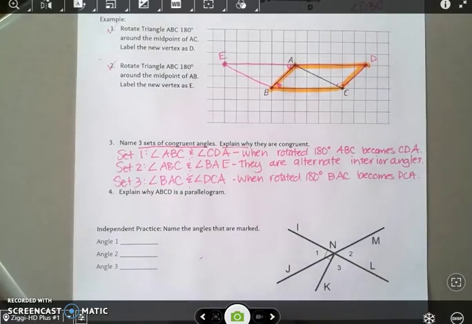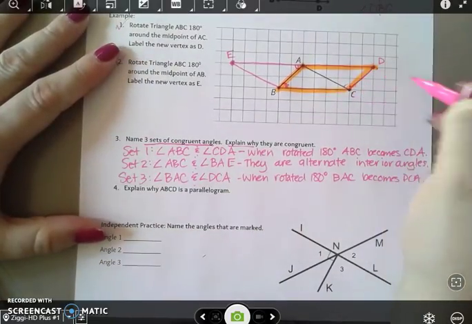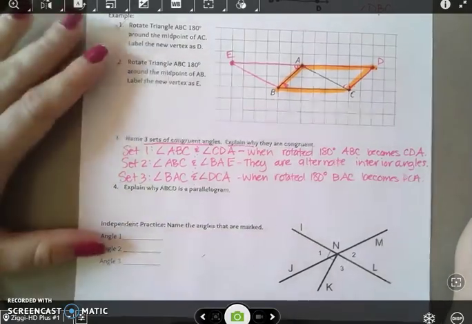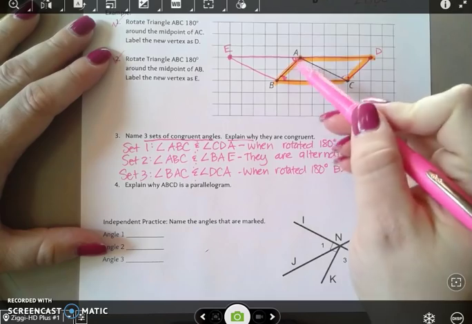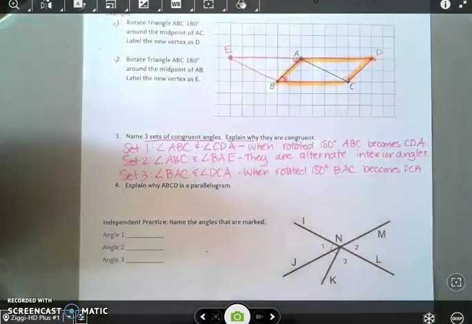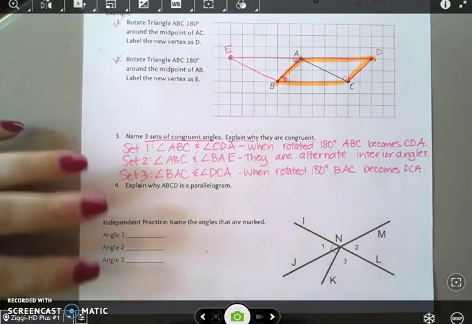Does that shape have opposite sides that are parallel to each other? Will they never touch? So let's look. Will the top and bottom, if I continued them on forever, would they never touch? Nope, never would. What about AB and CD? If I continued them on forever, they're never going to touch either.